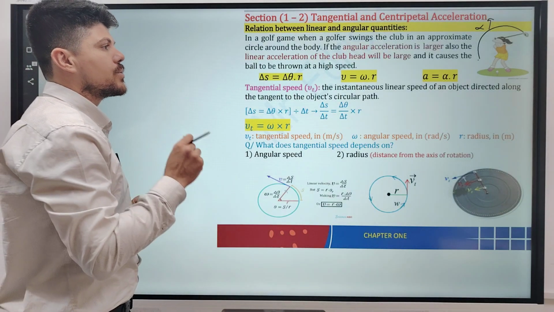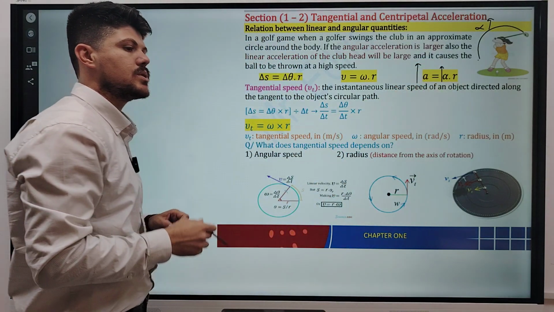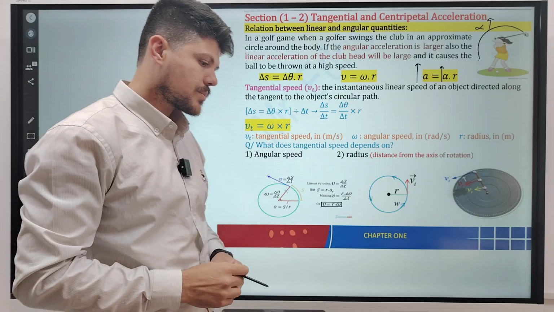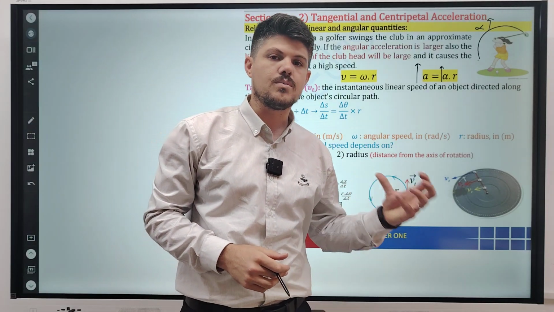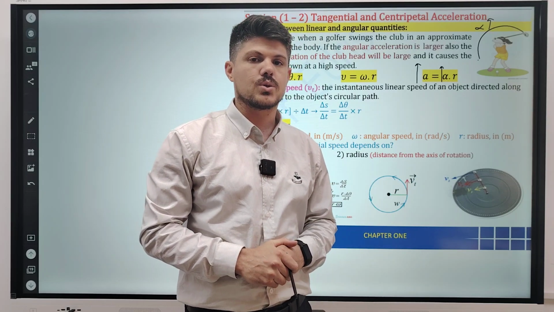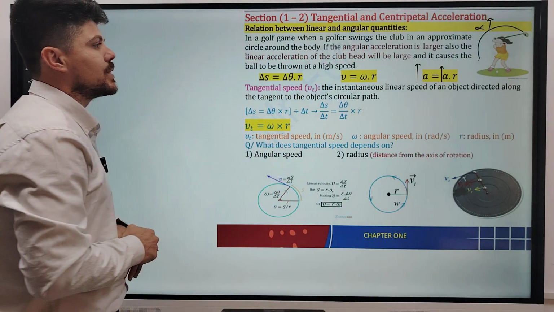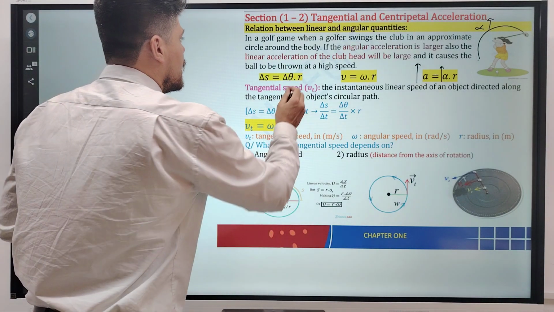So it means that the relation between angular acceleration and linear acceleration is directly proportional. When the angular acceleration of the object increases, the linear acceleration also increases. So it causes the ball to be thrown at a high speed.